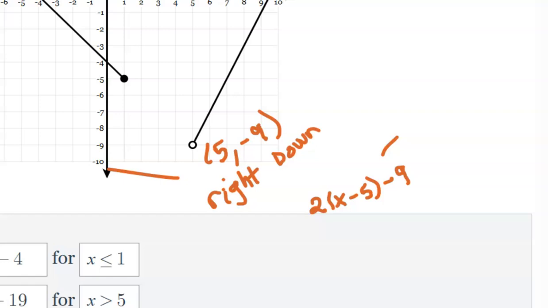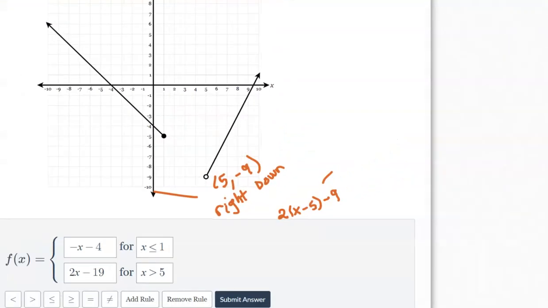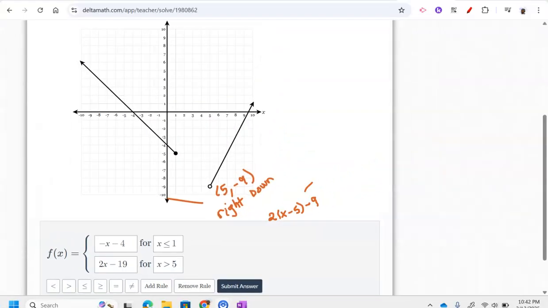Now, if you're wondering, like, how is this the same as what we have there? There we go. I don't know what happened there. And so what I could do then is I could say, well, this does match this 2x minus 19.